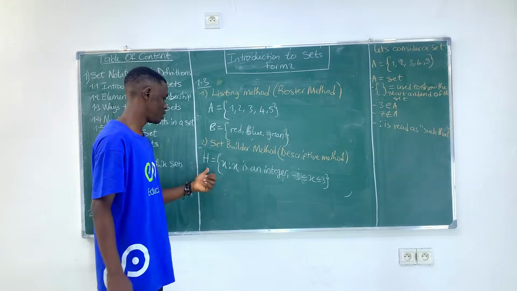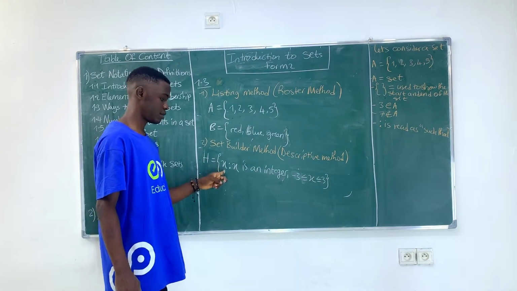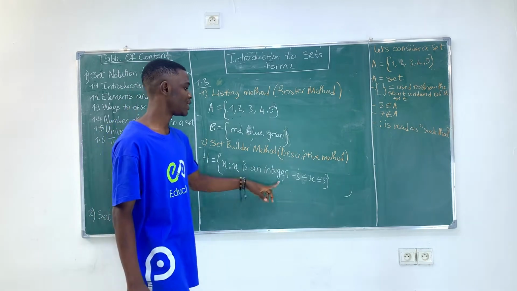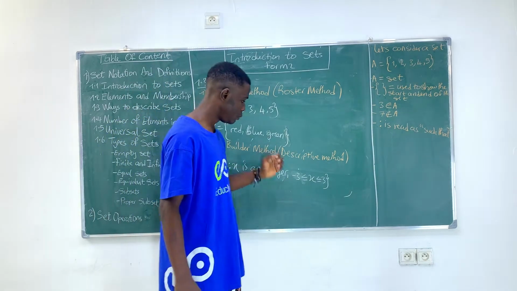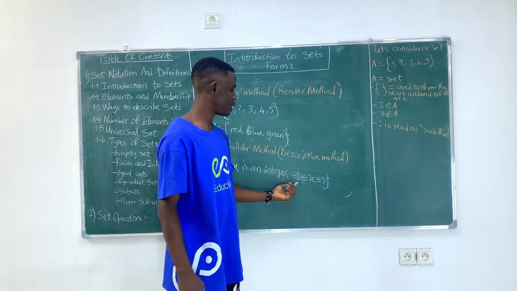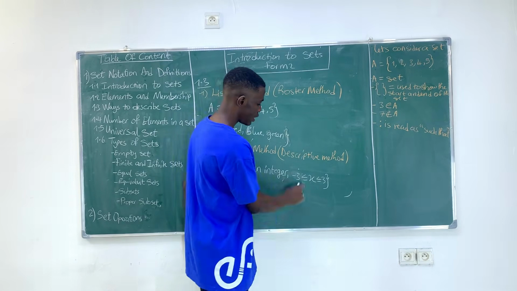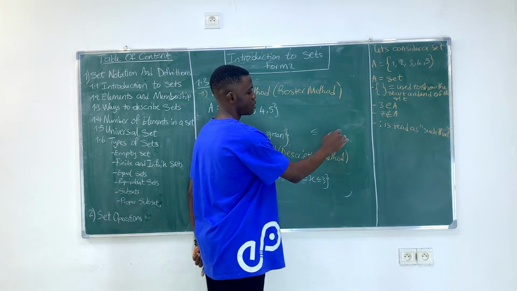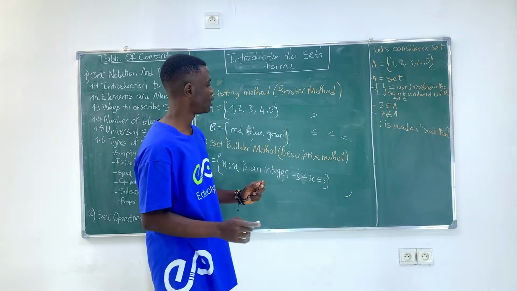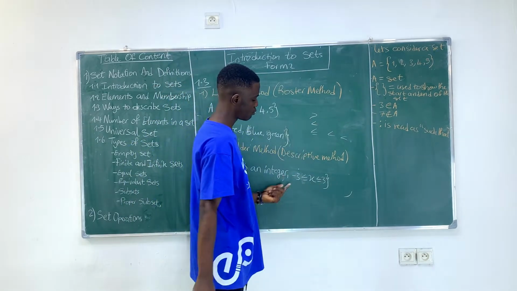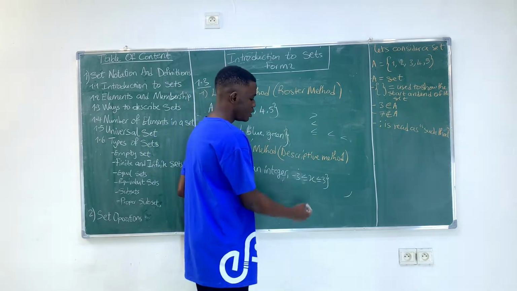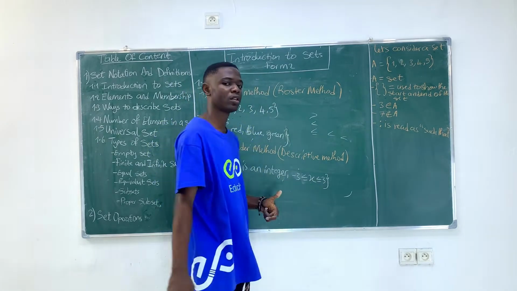I'm going to say the set H is equal to x, such that x is an integer in between -3 and 3. So when you see x in the middle, it means it is in between -3 and 3, given that the sign is like this. If the sign is like this, even if it is in the middle, it does not mean that. But if the sign is like this and it is in the middle, it means it is in between -3 and 3.